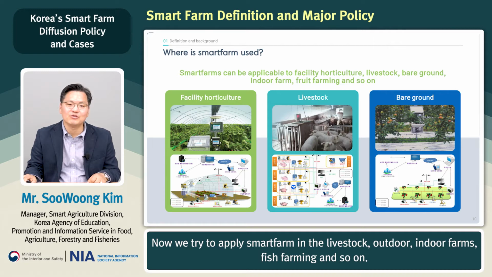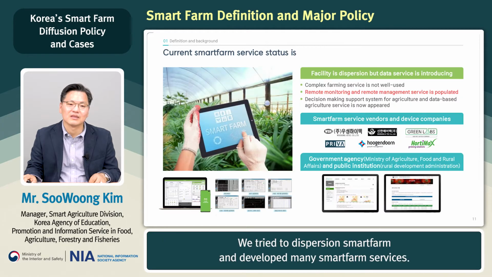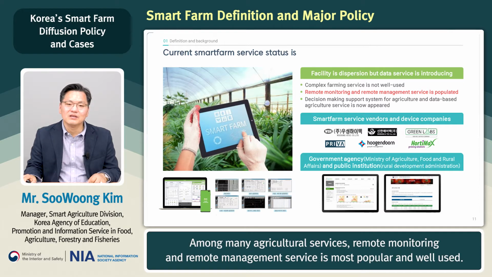Now, we try to apply smart farm in livestock, indoor and outdoor farms, fish farms, and so on. We try to deploy smart farm and have developed many smart farm services. Among those agricultural services, remote monitoring and remote management service is the most used and popular.